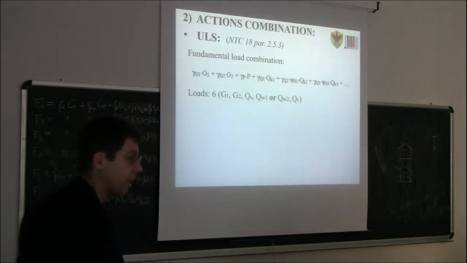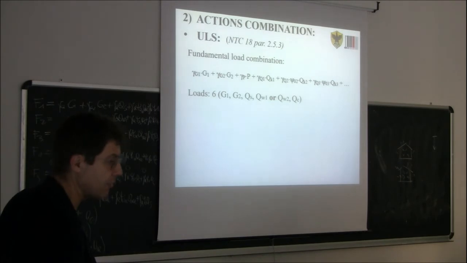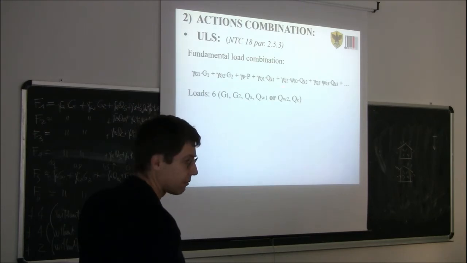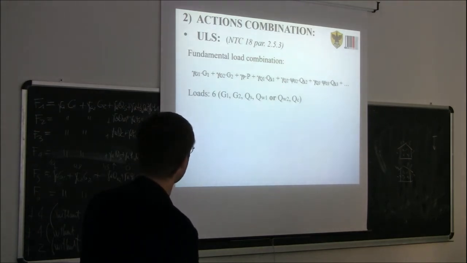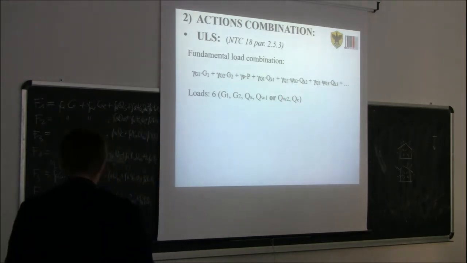Now, what do we need to do now? Before, we were taking away one variable action, now we need to take away two variable actions. For example, I take away QS and QC, so I consider only one variable action. So how many load conditions will I have? Two. One with QW1 as a basic one, another one with QW2 as a basic one.